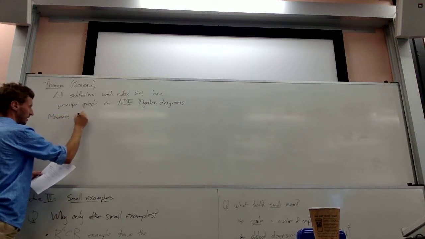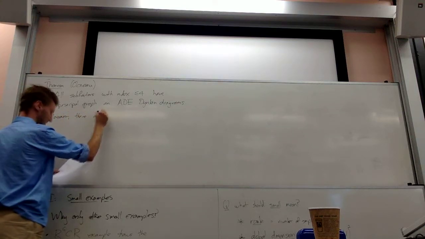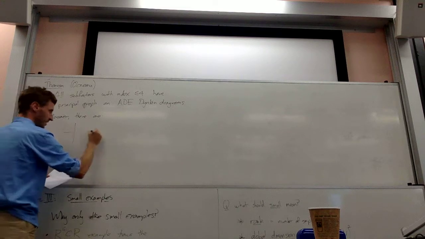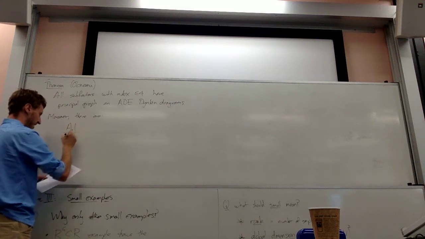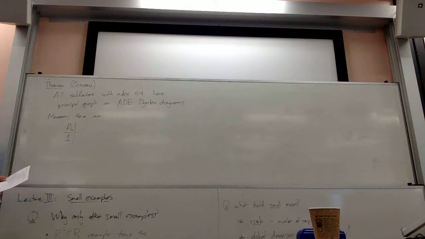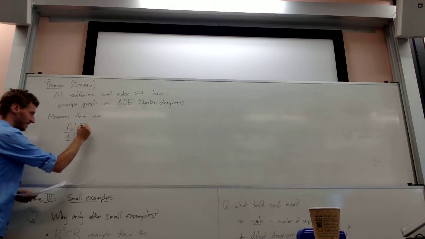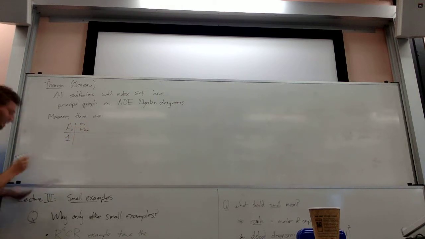Moreover, there are the following numbers of them. For each A_n, there's exactly one subfactor with that principal graph. And in fact, these were those Temperley-Lieb planar algebras at roots of unity, the things that realized these guys. We didn't quite spend enough time talking about Temperley-Lieb to see that the principal graph was really A_n.